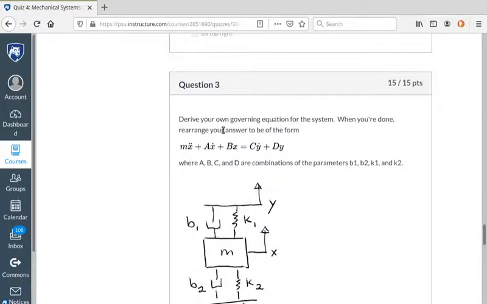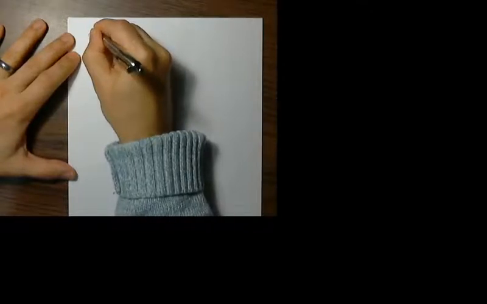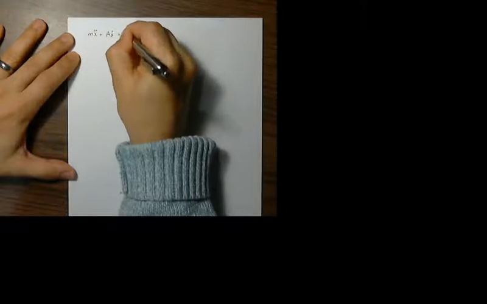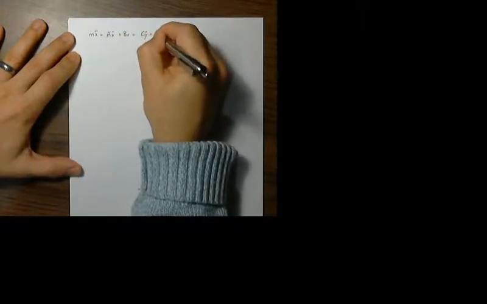When you're done writing it out, let's switch to the camera and see what we can do. There we go. The form of the equation is m x double dot plus a x dot plus b x is equal to c y dot plus d y.